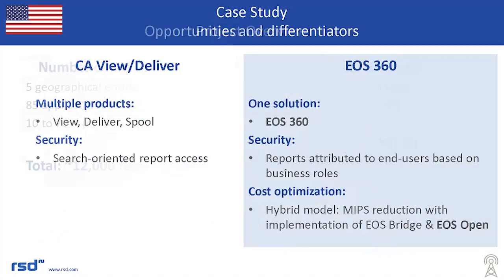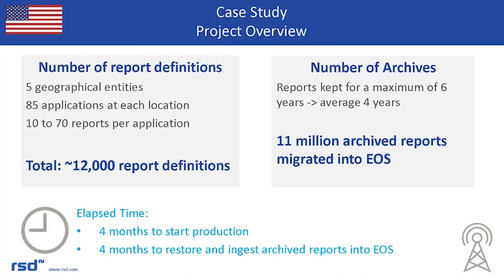Finally, just one little side note about this. The tool set used by RSD has a special writer used to capture the CA View and Deliver archive reports in order to calculate the expiration date based on the original creation date. And this ensured that archive reports were not kept longer than their legal retention period. Okay, you can go to the next slide, Mark.